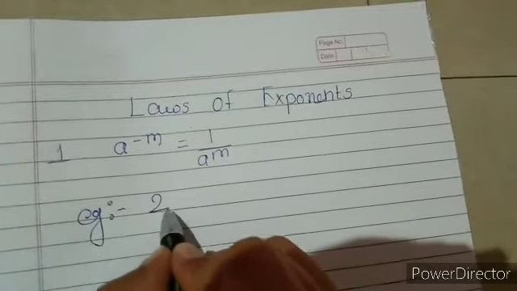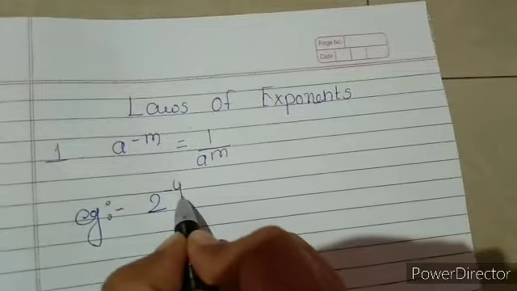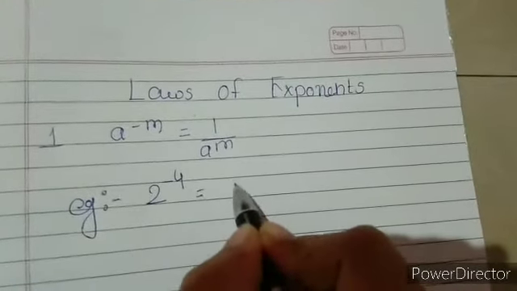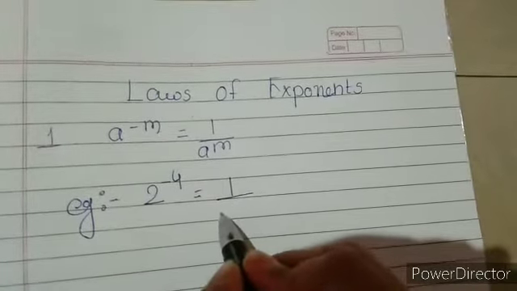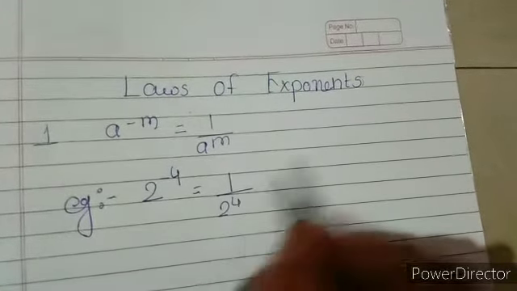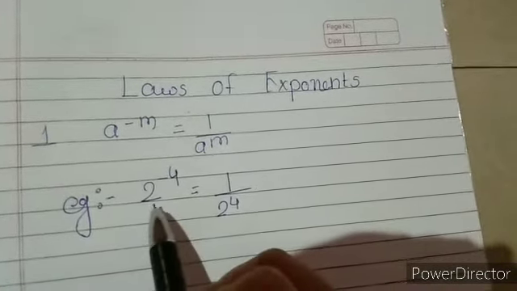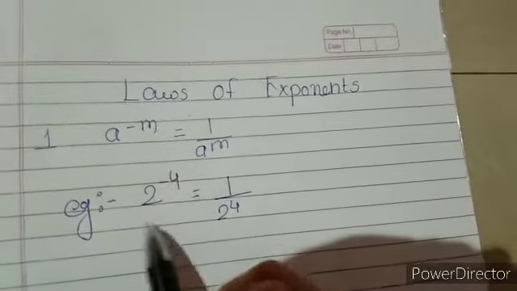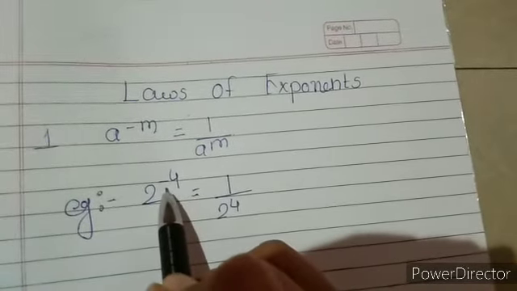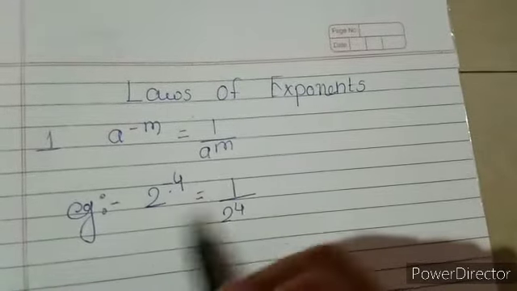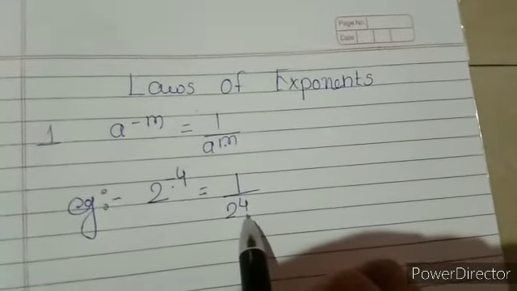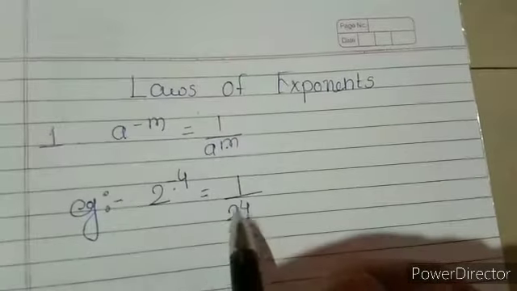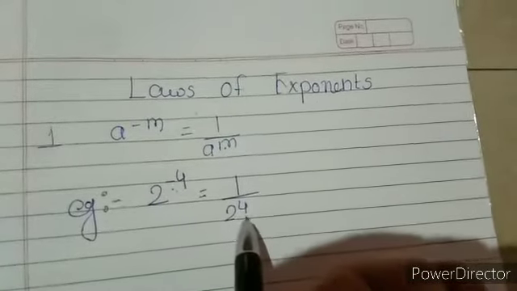If we have the number 2 raised to minus 4, the answer will be 1 upon 2 raised to 4. Previously when 2 raised to 4 was in the numerator, the 4 had a minus sign. When we use this property and take 2 raised to 4 as a denominator, by this property the minus 4 will become a plus 4.